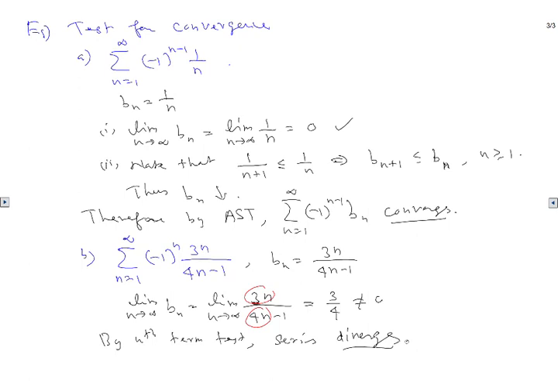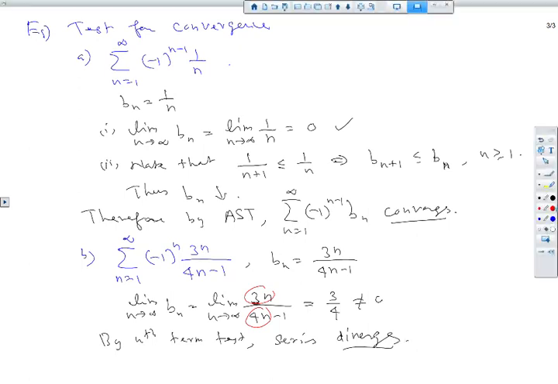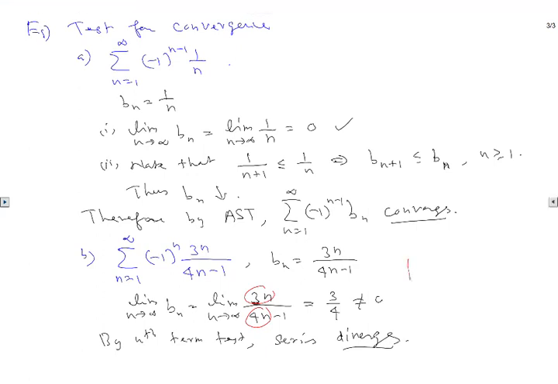But if you look at the actual term, I want to tell you something here. What's the limit of (-1)^n times 3n over 4n minus 1? This is not equal to 3/4, right?